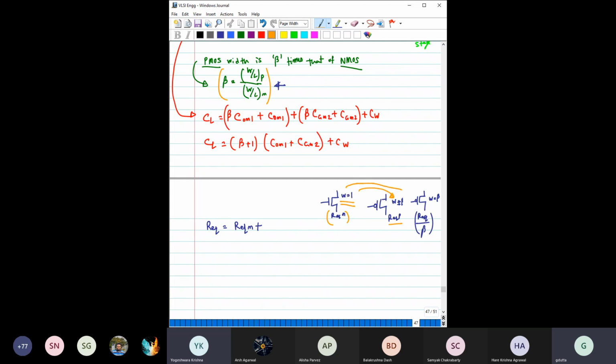So considering this, now the W is equal to this beta. If this is 1, then it's beta. Then what would be the equivalent resistance of this PMOS? If for unit width it is R equivalent P, then for width beta it would be R equivalent P by beta.